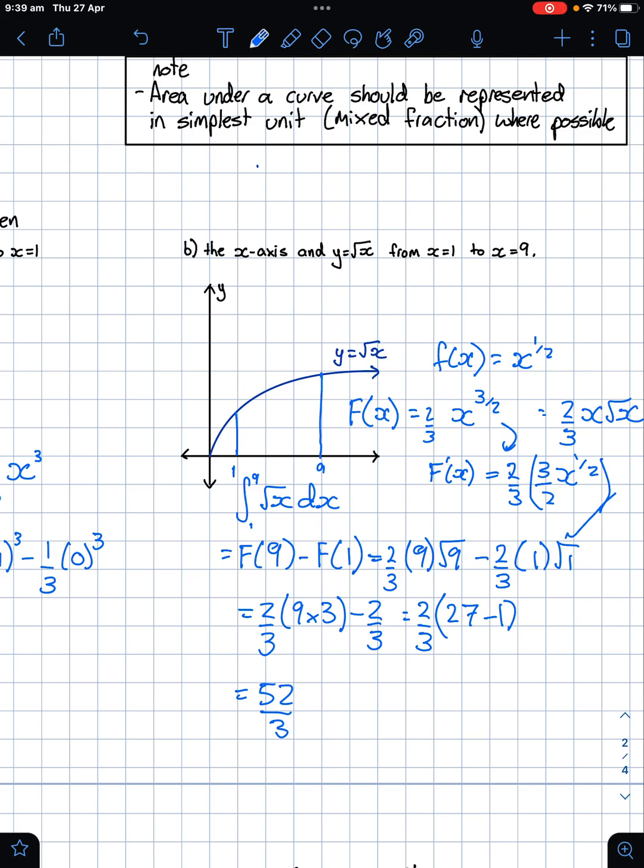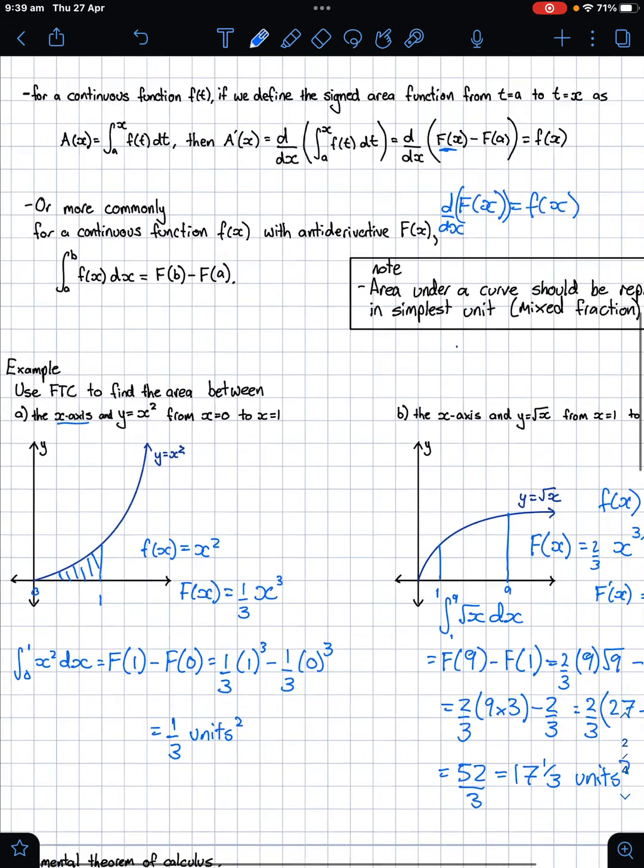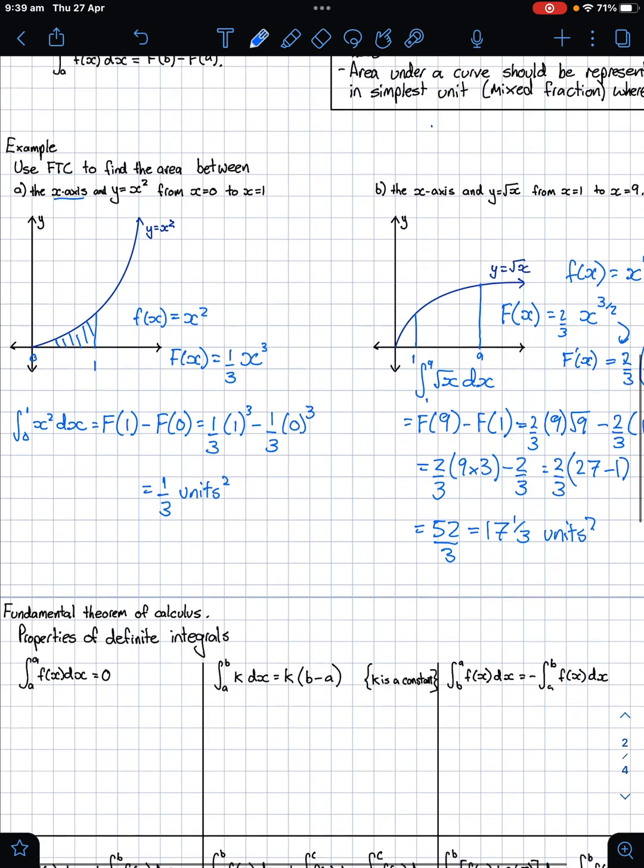And if I put that in my calculator, 52 divided by 3 equals 17 and 1/3 units squared. So that's how we use this fundamental theorem of calculus in that space.